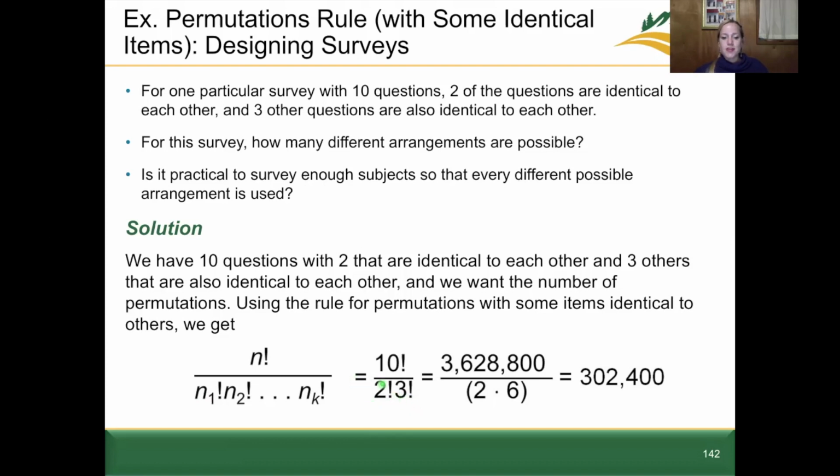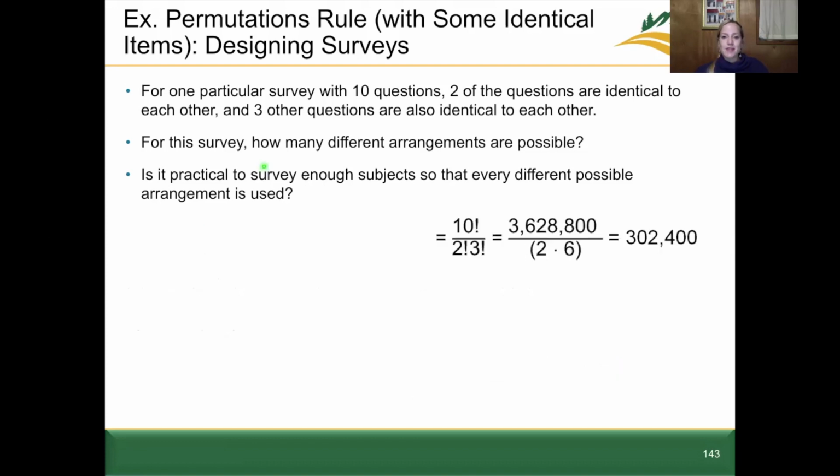Okay, so we're essentially using the denominator here to say that there are 2 that are identical to each other and 3 others that are also identical. Again, we can use our calculator or Excel, and we figure out this final answer is 302,400.